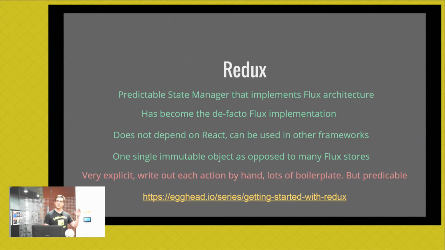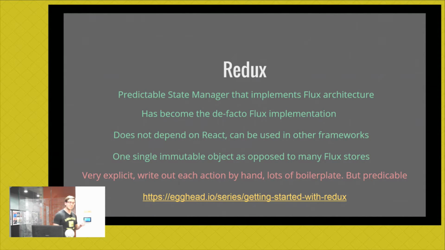But luckily, this isn't a year ago, and it's pretty much just Redux now. There are other options like Reflux and Alt, but the community has really rallied around Redux as a Flux implementation. So if you're going to look for one, I'd say just look at Redux. It's become the de facto Flux implementation.